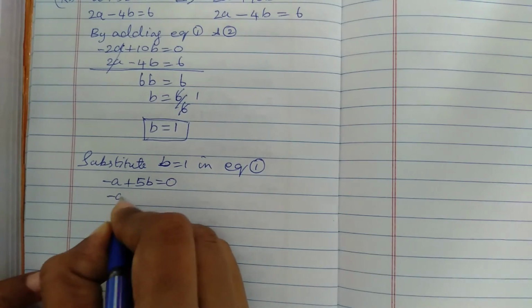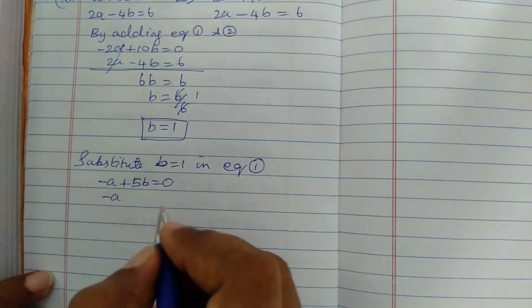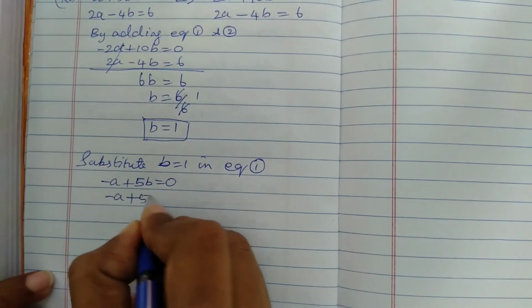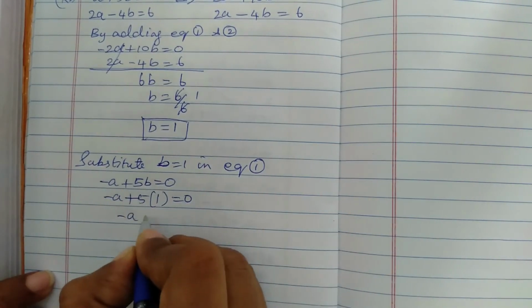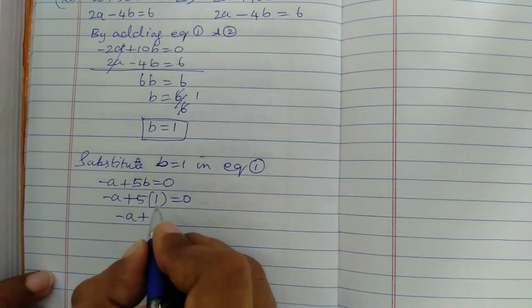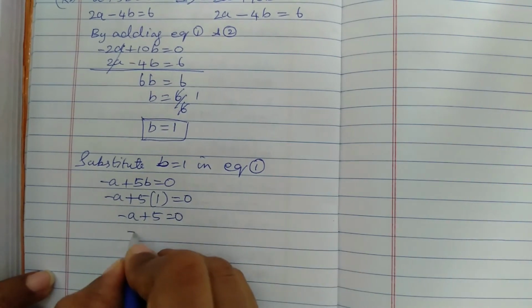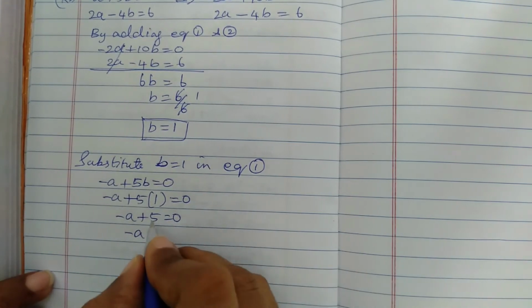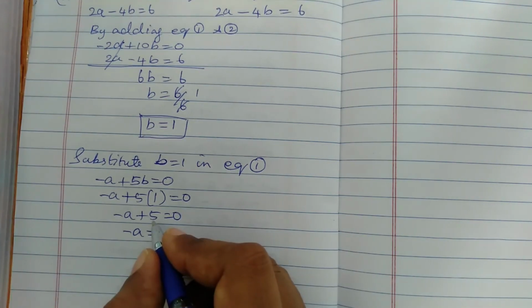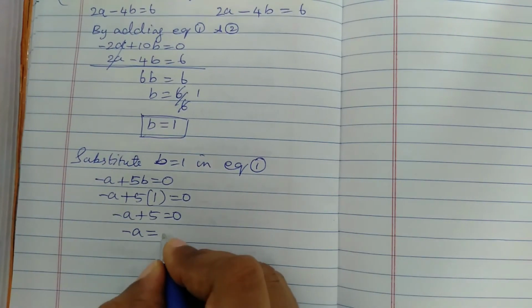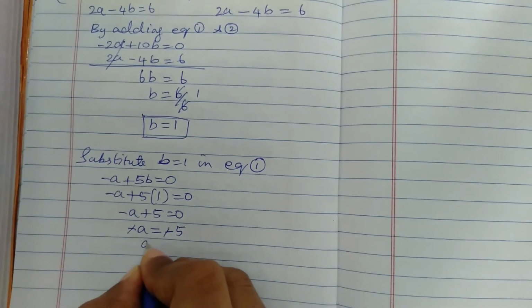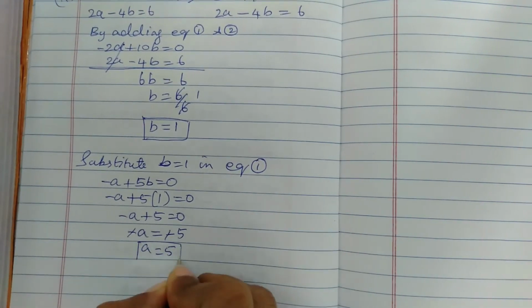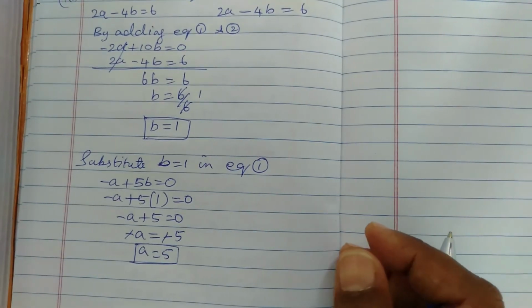Now minus a will remain the same, plus 5, in place of b I will write 1 is equal to 0. Minus a plus 5 into 1 is 5 is equal to 0. Minus a is equal to, I will move plus 5 to the right hand side, becomes minus 5. Now minus and minus is cancelled, so a is equal to 5. This is the value of a.